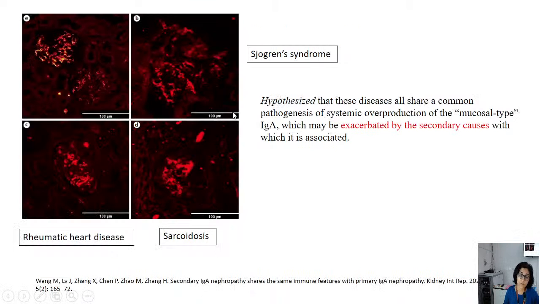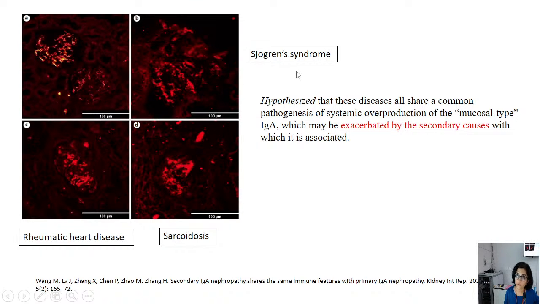So what we found when we started staining our patients of so-called secondary is that they also stain brilliantly for KM55. So what does this mean? This means that these so-called secondary IgA and primary IgA have the same underlying pathogenesis of systemic overproduction of a mucosal type IgA, which may be exacerbated by the secondary causes with which it is associated.